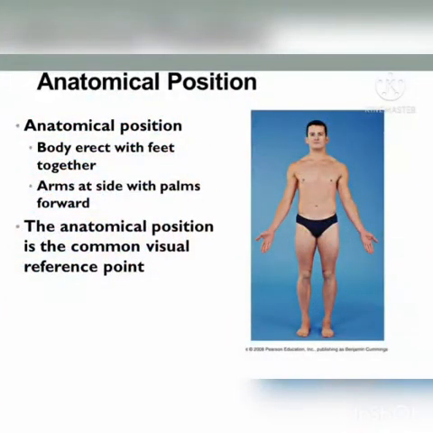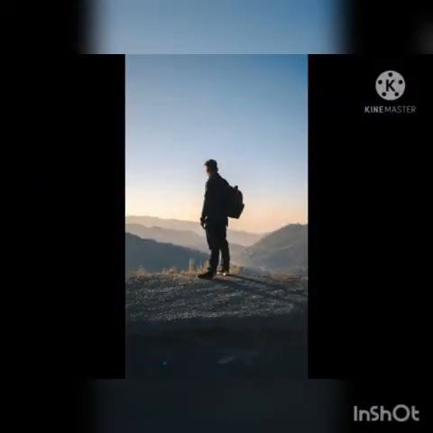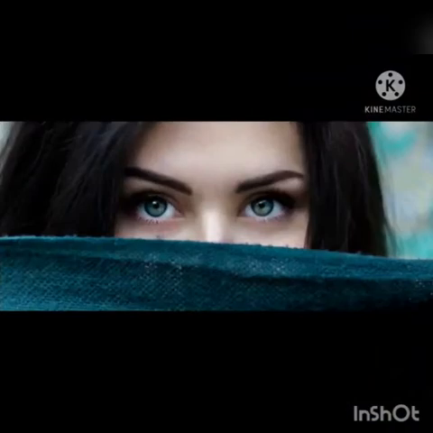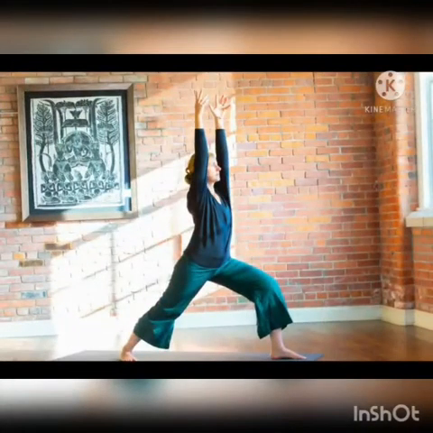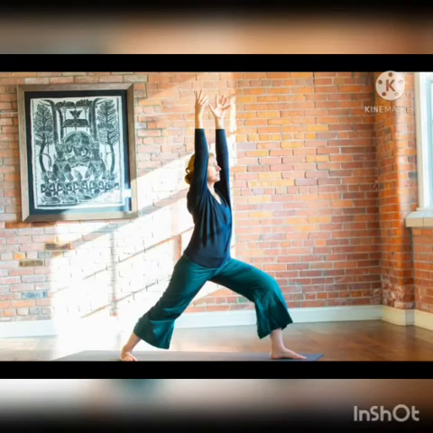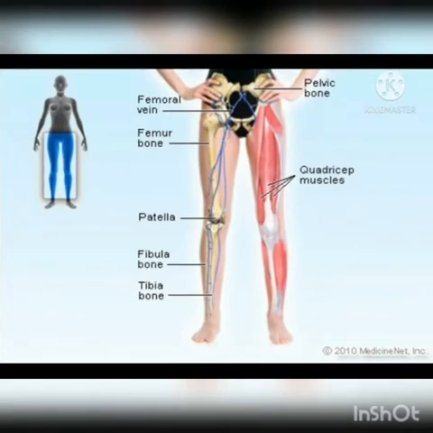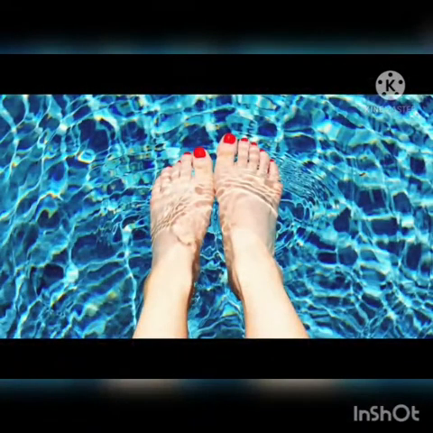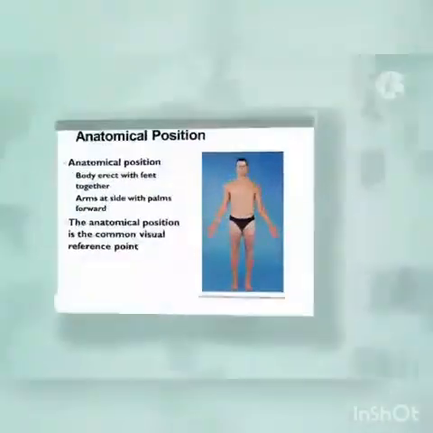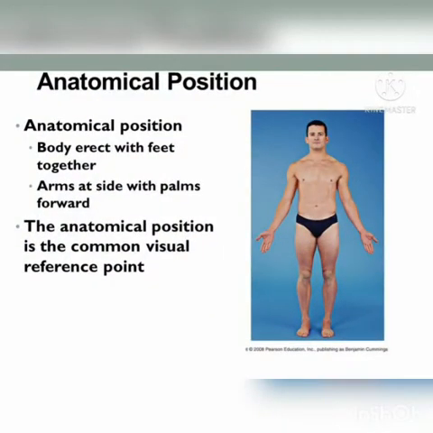A normal anatomical position is a person standing upright, head, gaze and toes facing front or looking forward, arms hanging by the side with the palms facing front, lower limbs close together and both feet parallel with toes directed towards the front. This is the normal anatomical position.